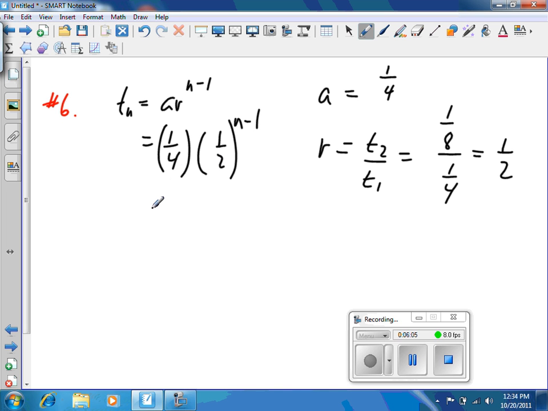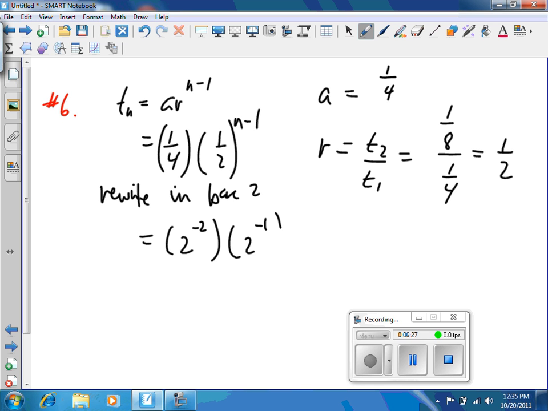They would probably be in base 2. So let's rewrite this in base 2. And what do you get? 4 is 2 squared, so 1/4 is 2 to the negative 2. This is 2 to the negative 1, all to the n minus 1. Power of a power, multiply the exponents.